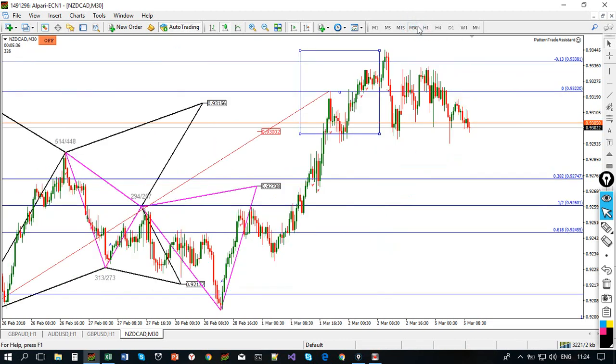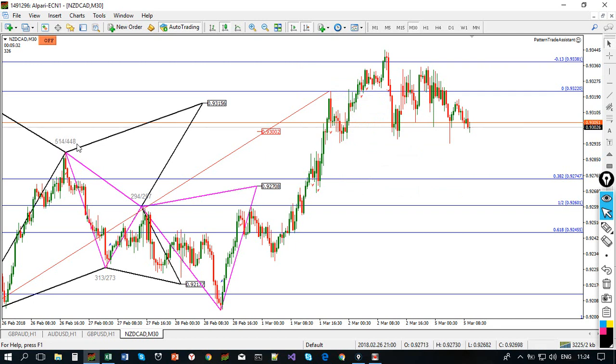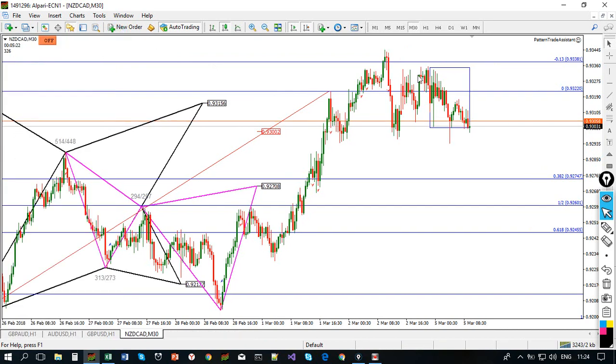We should stay on 30 minutes, sorry. It is 44.8. It is 32.6. Okay, New Zealand Canada, yes. 32.6 for New Zealand Canada. Here's the stop loss.